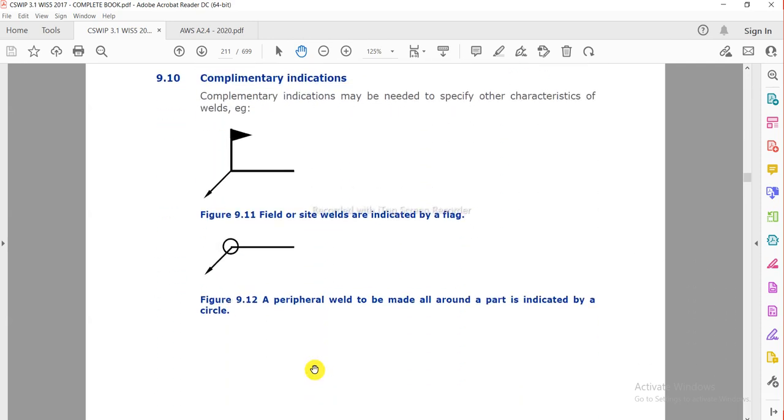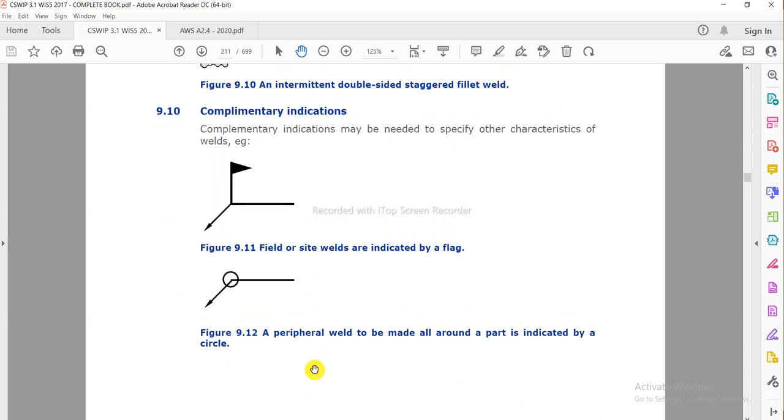In short, these are complementary indications. Flags and a circle are shown here. This one is the reference line and this one is the arrow line. When a flag is between the arrow and the reference line, it is the symbol of a site weld or field weld, meaning the weld will be done at site or in the field.